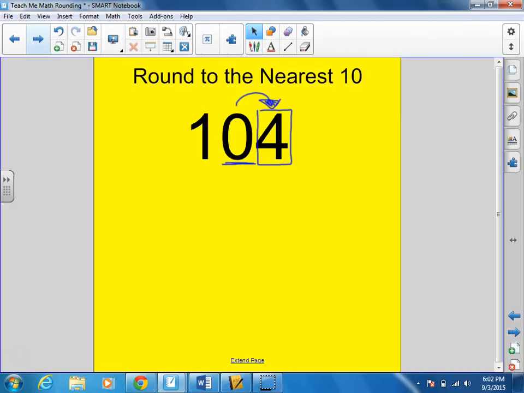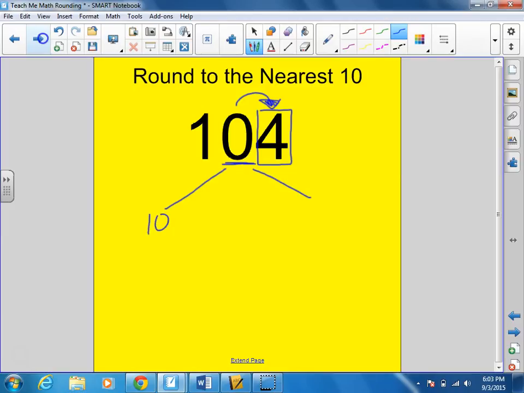The benchmark numbers here can be tricky because students have to think about place value and have to remember numbers. They have to think, what would 104 be between? Since there is no value here, we know that it would round down to 100.